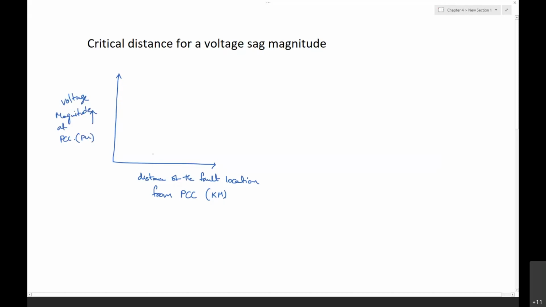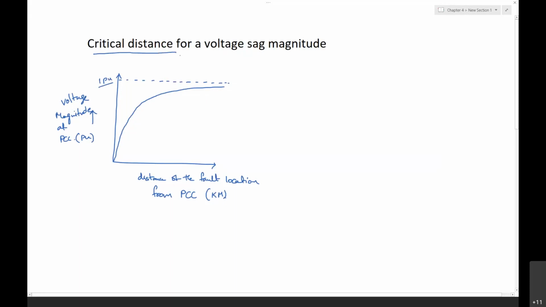We have seen that depending on the fault location from the PCC, the voltage sag magnitude effect is going to decrease when the fault location is far away from the point of common coupling. This is the one per unit. This kind of diagrams we are seeing. What about the critical distance?